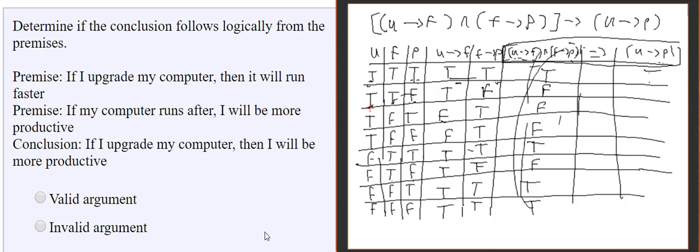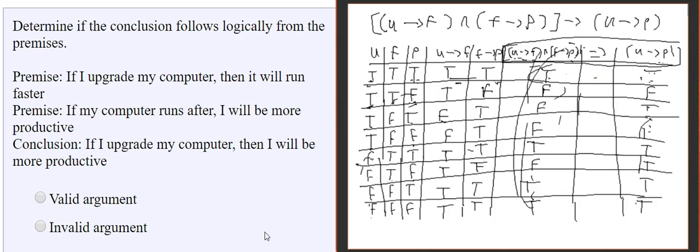U is true, but P is false, so the antecedent is true, the consequent is false, and this implication would be false. Here, both are true, so this is true. Here, antecedent is true, consequent is false, so this is false. For the rest of them, the antecedent is going to be false, so the implication will automatically be true. Okay, so now we have our antecedent truth values and our consequent truth values for this implication.